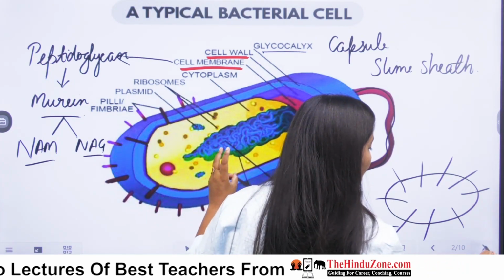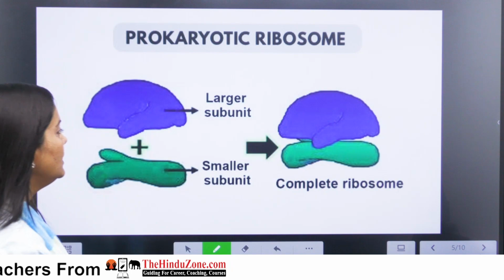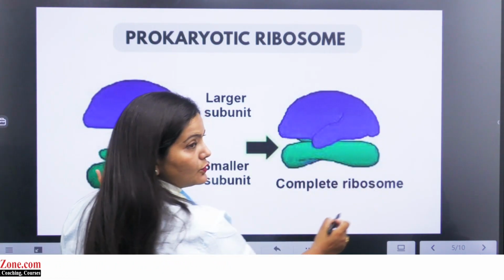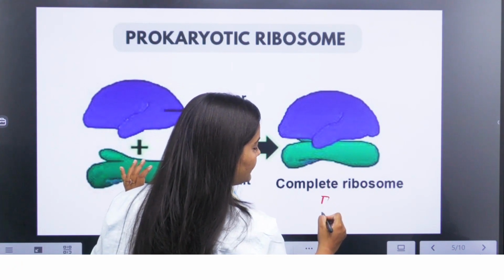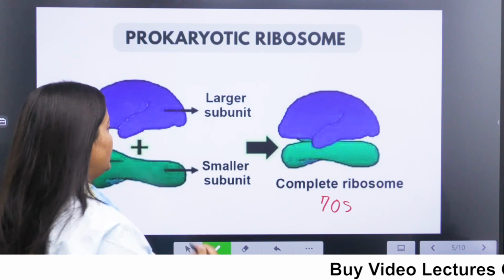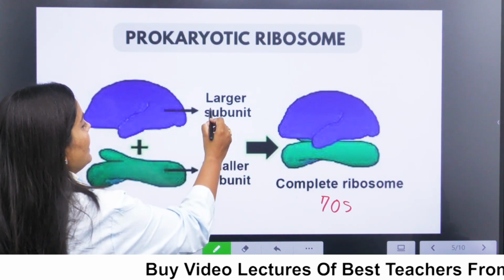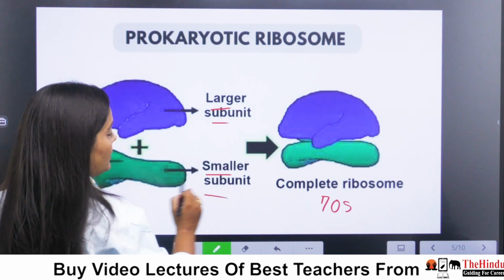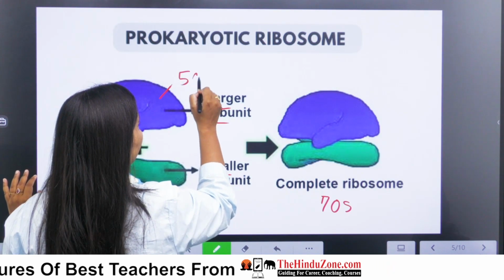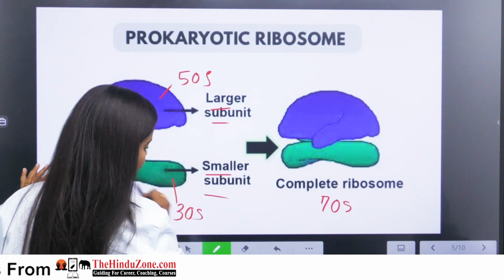So, let us see a prokaryotic ribosome and compare it with a eukaryotic ribosome. A prokaryotic ribosome, as you see, a complete ribosome is shown here, is a 70S ribosome. S means Svedberg unit. This 70S is divided into two subunits, the larger subunit of 50S and the smaller subunit of 30S.